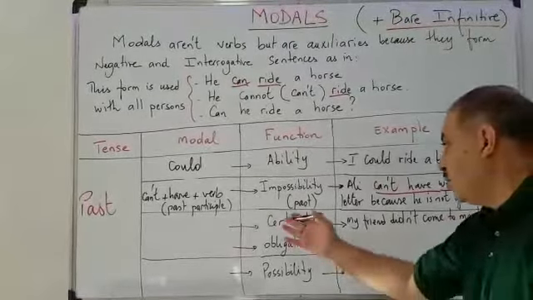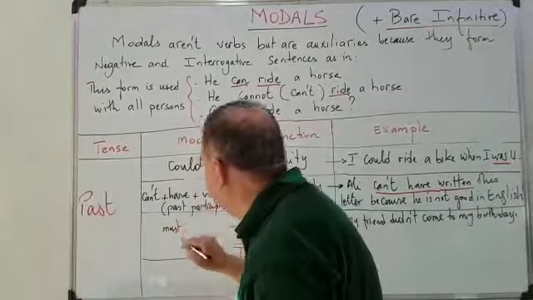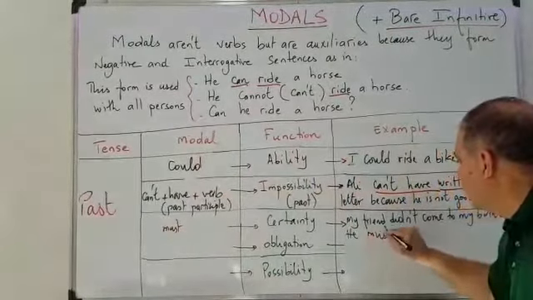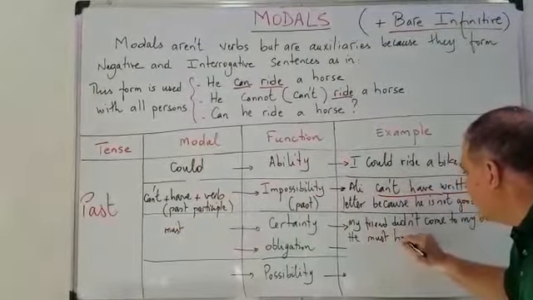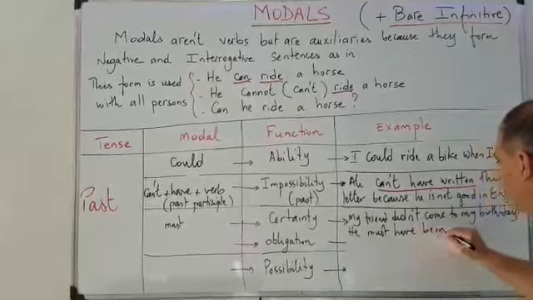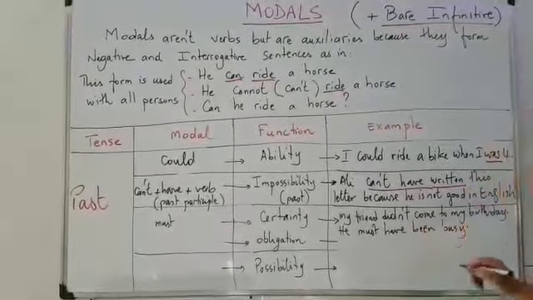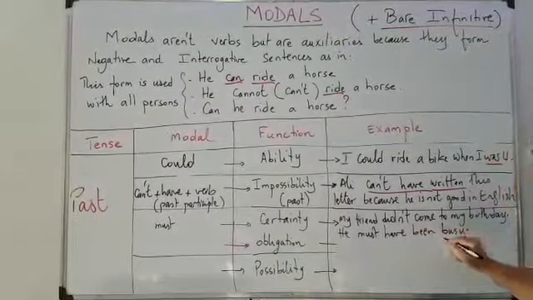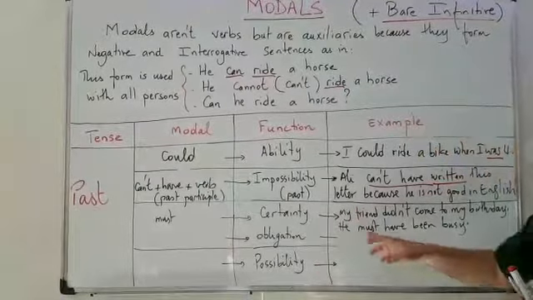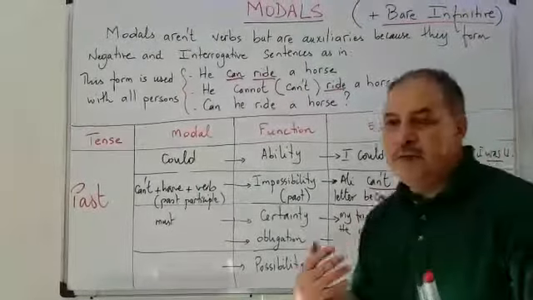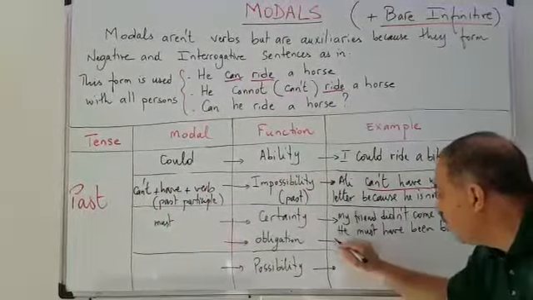Here certainty is with must. He must have been busy. المعنى ديالها هنا كنعبروا على اليقين في الماضي أن الصديق ديالي ما جاش الحفلة ديالي عيد الميلاد. So we say he must have been busy. أكيد كان مشغول. So this is in the past.